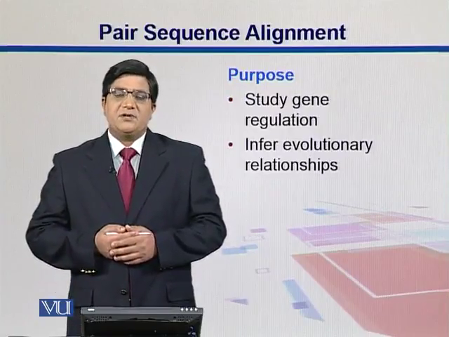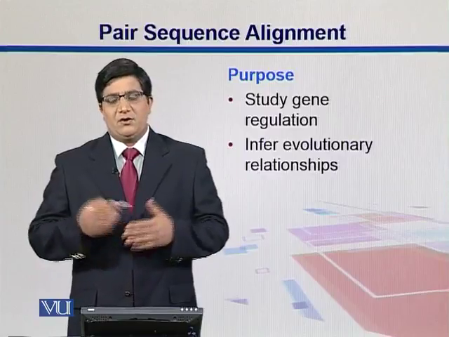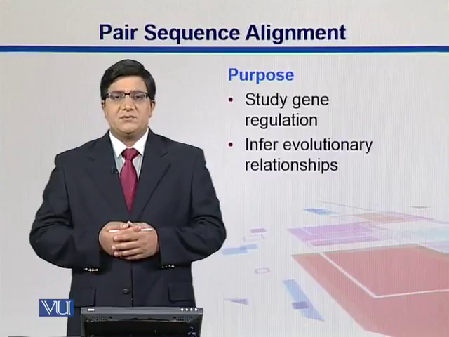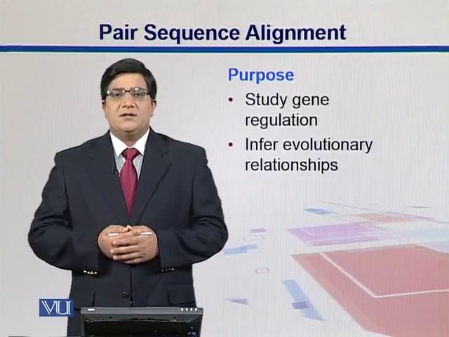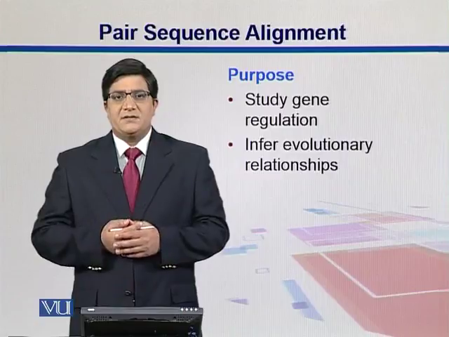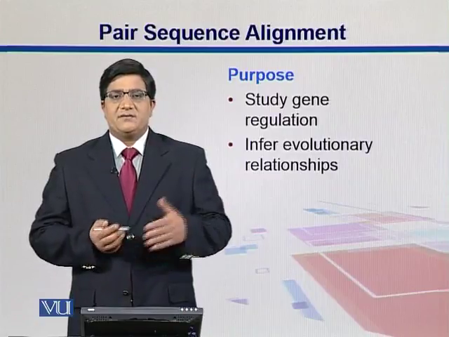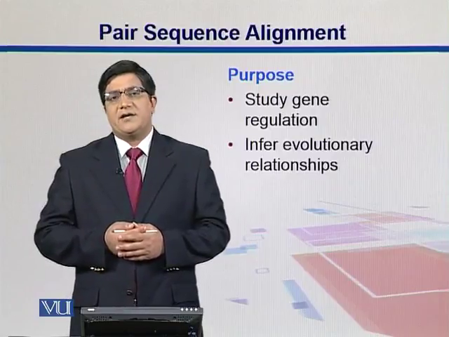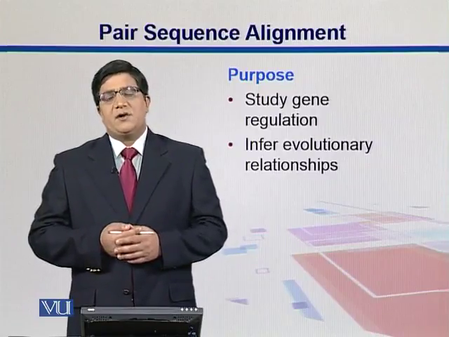We can study gene regulation with this, right, how the genes are regulated or controlled and how their expression is controlled. For example, messenger RNAs are produced by the DNA, and that is when gene expression takes place. But there are some elements like microRNAs that go and block those genes.